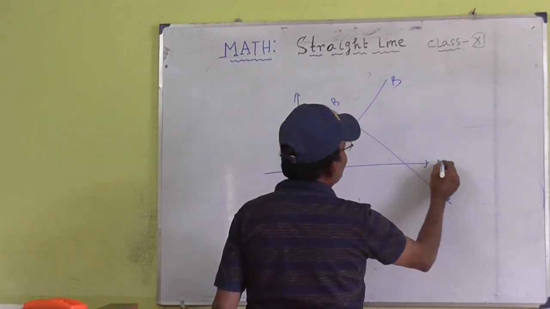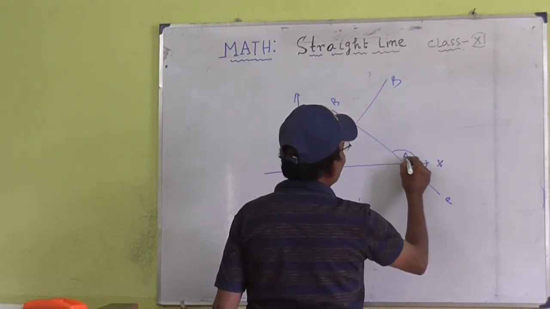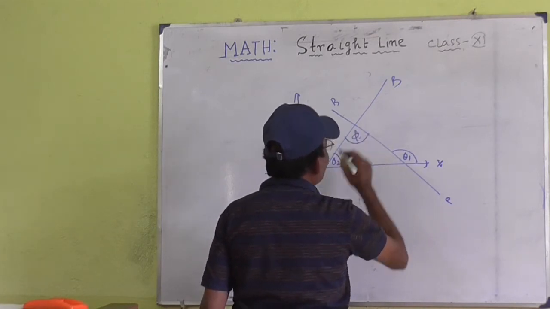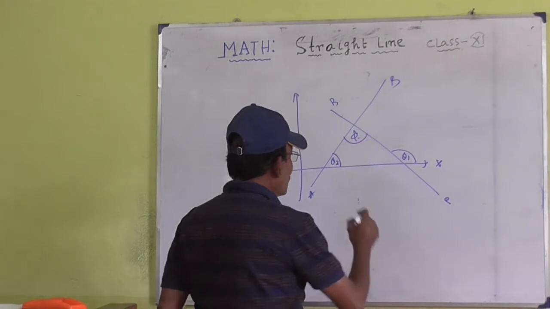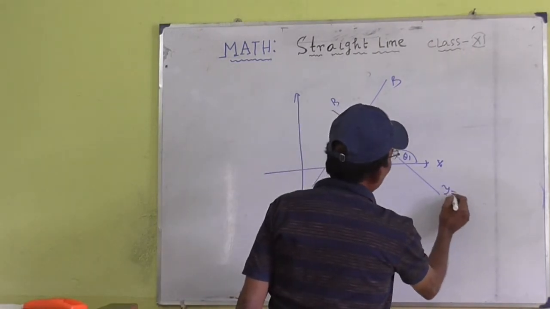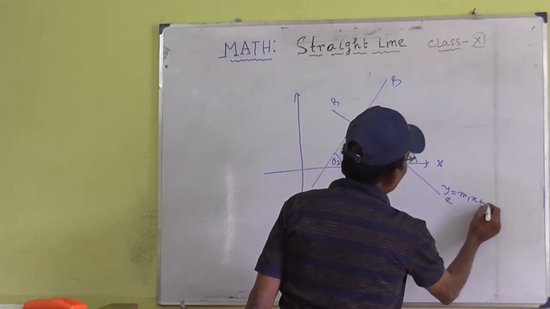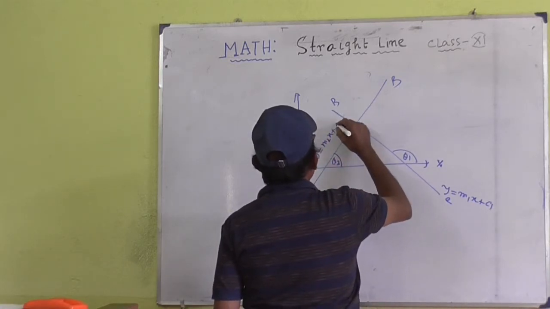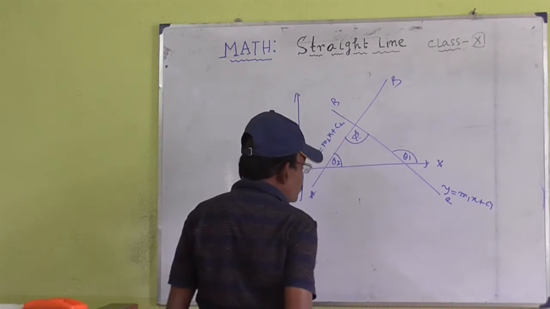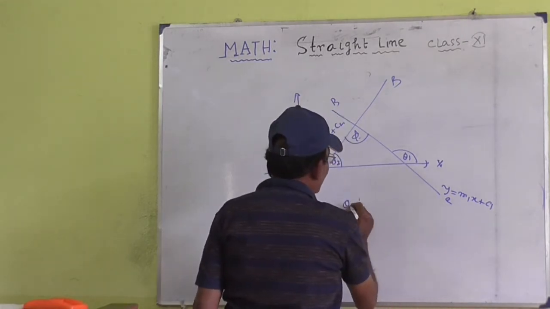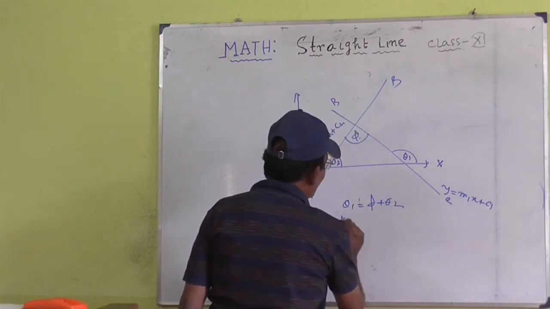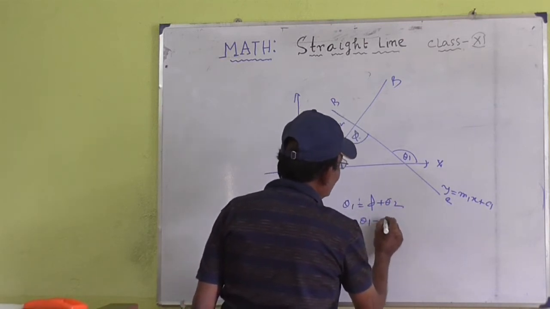This is the x axis. Let us take theta 1 and theta 2, and let us take phi. We know that, let us take this y equals m1 x plus c1, and this y equals m2 x plus c2. So theta 1 equals phi plus theta 2. So phi equals theta 1 minus theta 2.